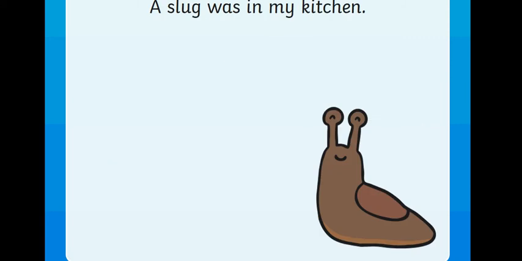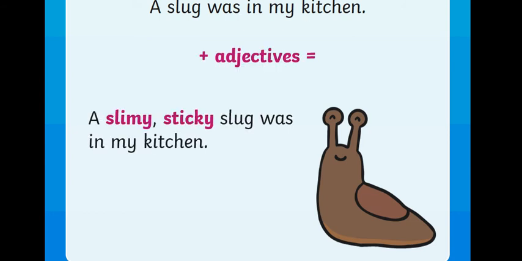So we've got one more example here, children. A boring sentence. A slug was in my kitchen. There he is. But what kind of slug, Miss Lyons? Why don't you pause the video and see if you can think of any adjectives to describe the slug. I'll go first. Slimy. Okay, here we are with some adjectives to help us imagine the slug. Here we go.